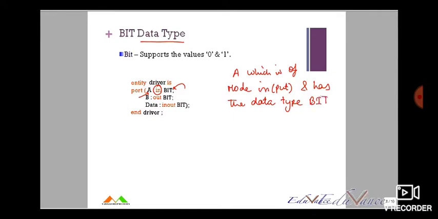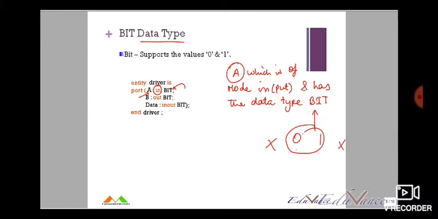What VHDL says is this input can take only the values which this data type covers, which is 0 and 1. So this port A cannot take any other values apart from 0 and 1.